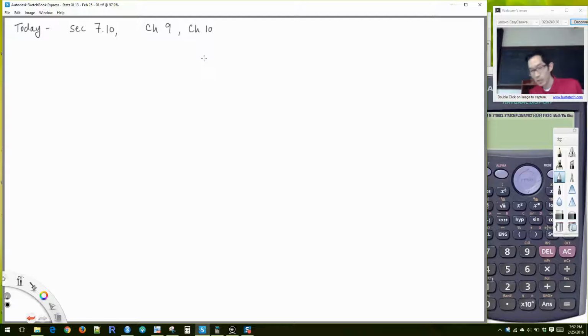Alright, so section 7.10, this covers one test called the Wilcoxon Mann-Whitney test. Okay, this is equivalent to the Wilcoxon rank sum test.